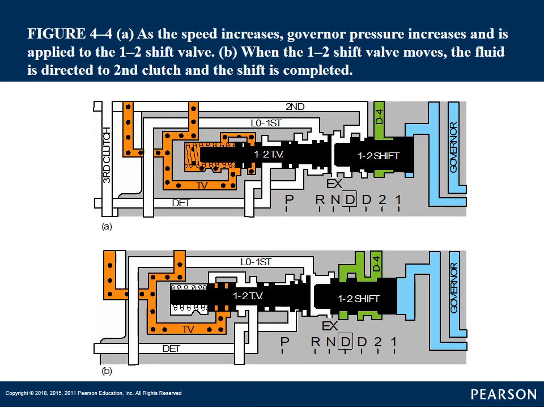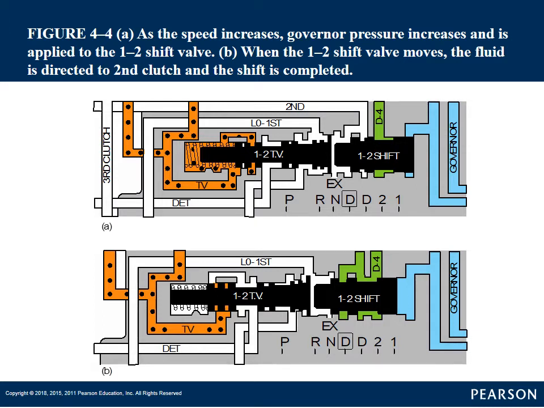Here's a hydraulic diagram of what's going on when it shifts. If you look at the upper one, this is our 1-2 shift valve, and we have throttle pressure on one end, governor pressure on the other end. It gets up to a certain, I should say speed, depending on how much throttle pressure we have.